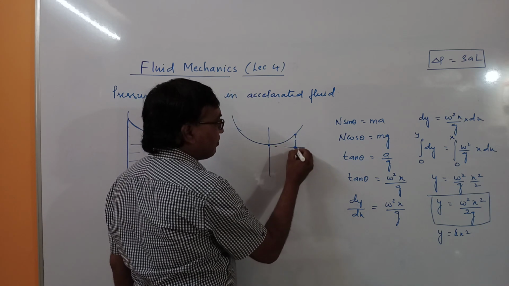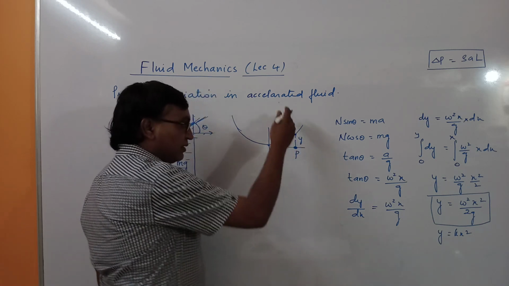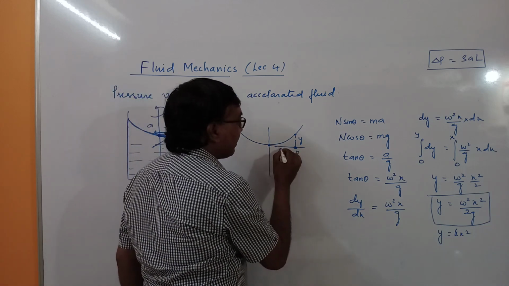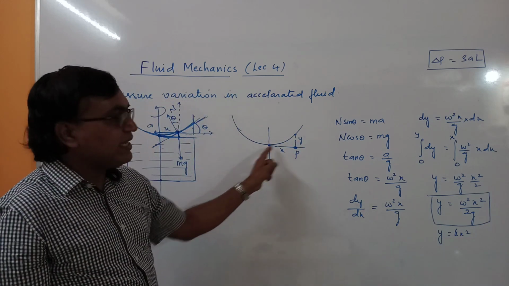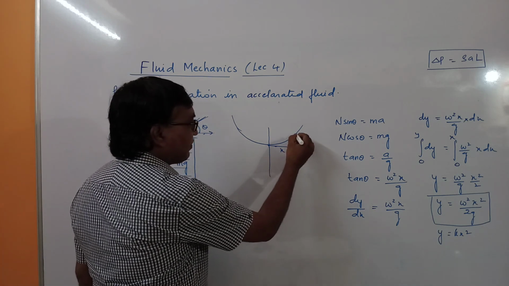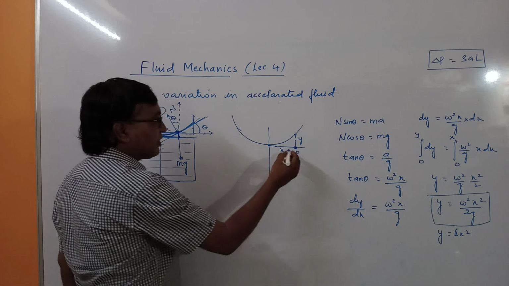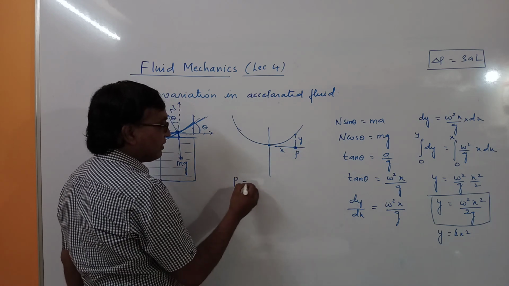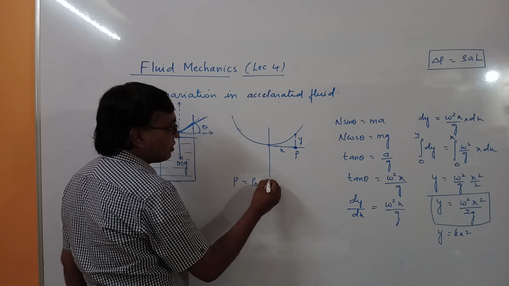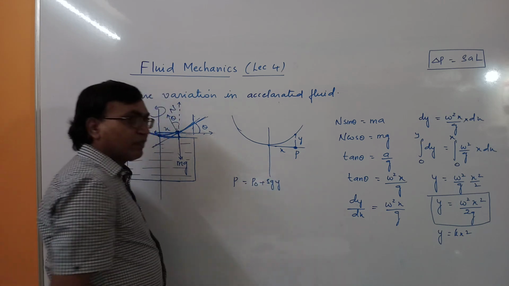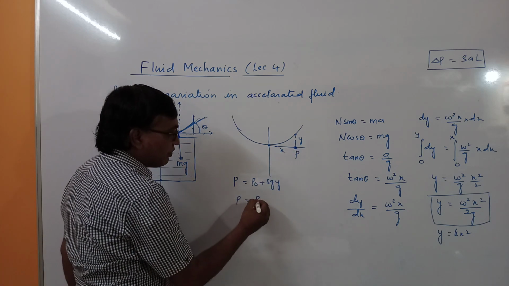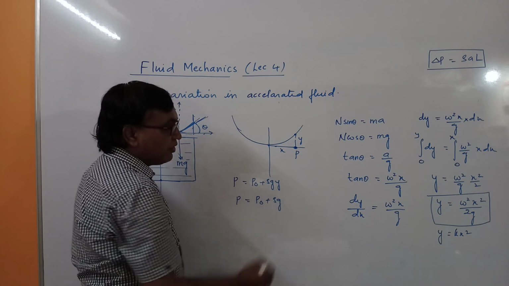I want to find the pressure at this point, which is at a depth of y from the free surface, at some radial distance x. At the free surface it is atmospheric pressure, and at point P the pressure will be equal to P naught plus rho g y.